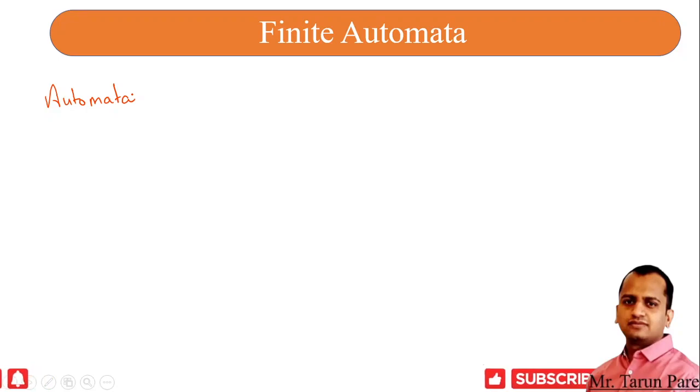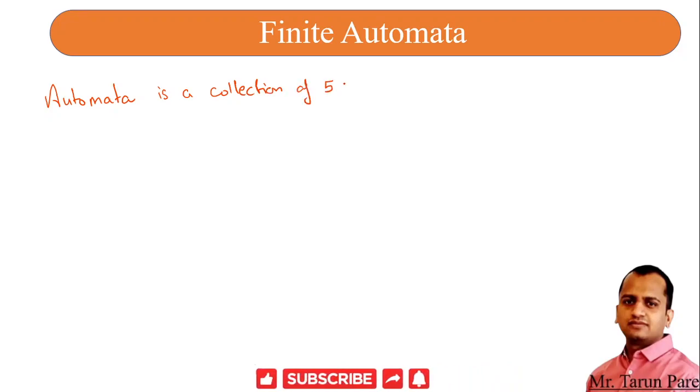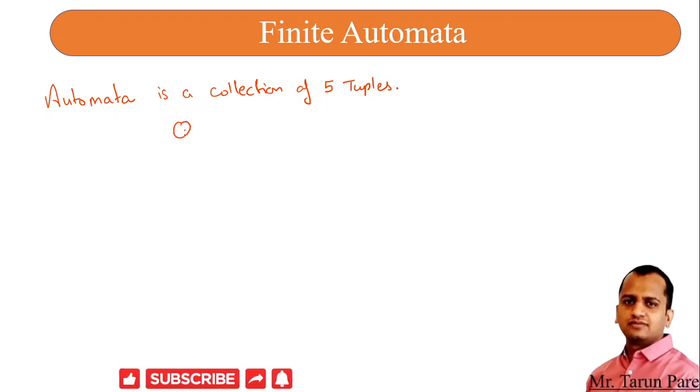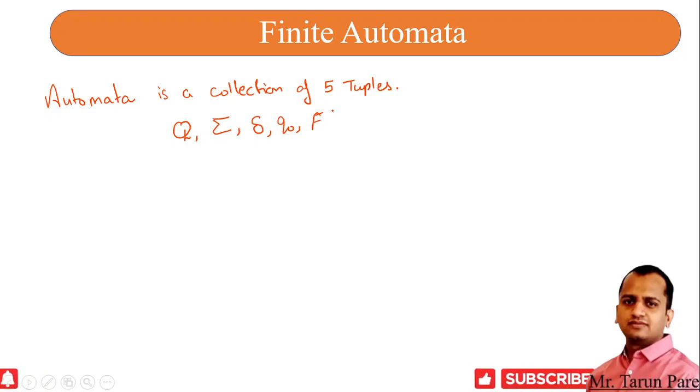Okay, so a finite automata is a collection of five tuples. Okay, what are those tuples? They are capital Q, comma, sigma, comma, delta, Q naught, and F, that is final state.